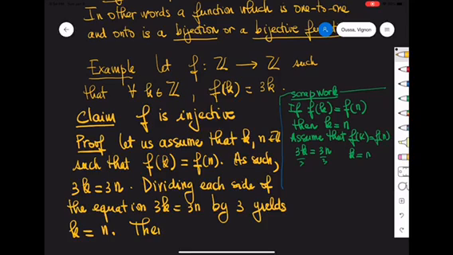So therefore, the function f is injective, and we are done with our proof. So the map which sends every integer to its triple is an injective map.